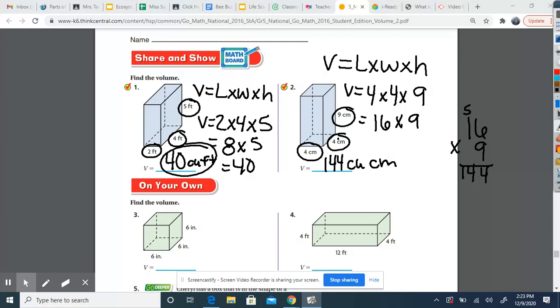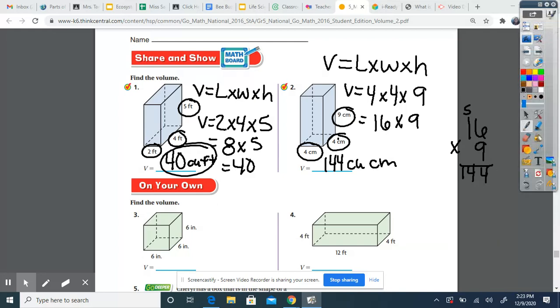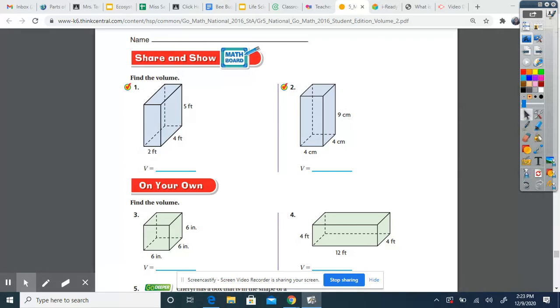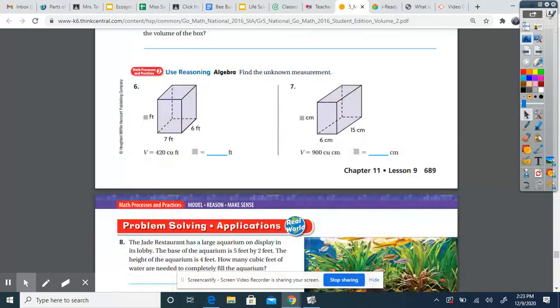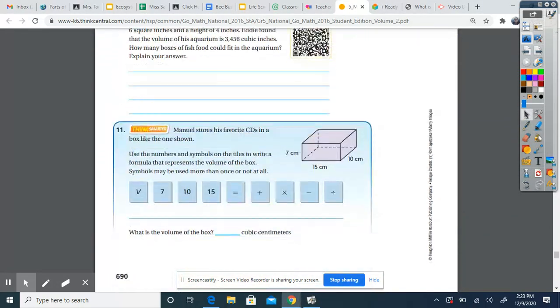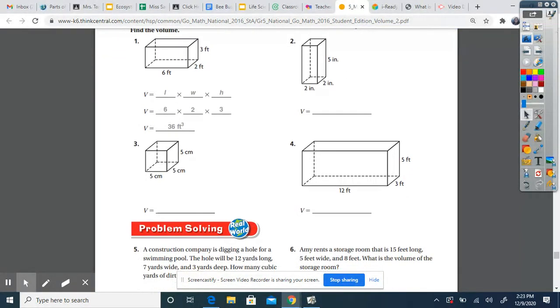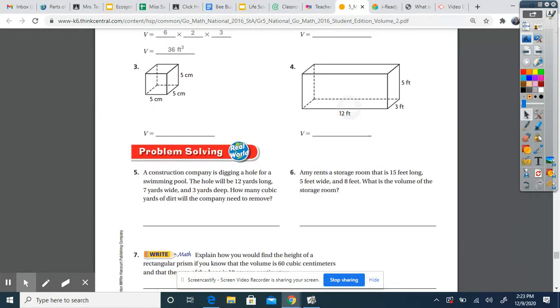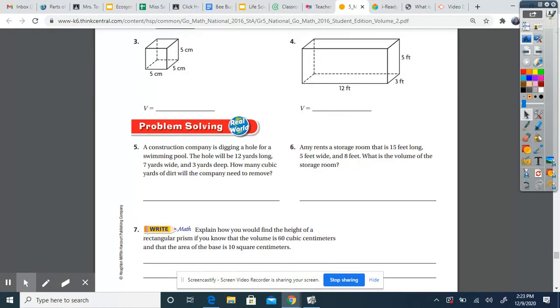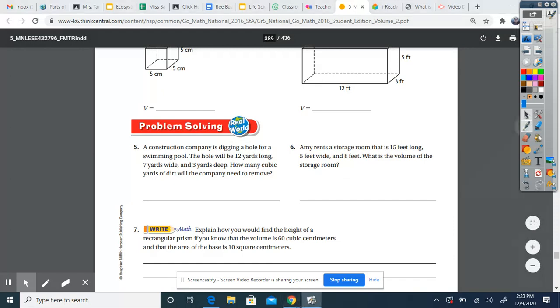All right, so for today's problems, you're still using your equation of length times width times height. The sheet that you're doing today, let's just look over it. You'll just set these up, and then you have 2 word problems that you will do, actually 3 word problems, and you just need to look at your 3 numbers.